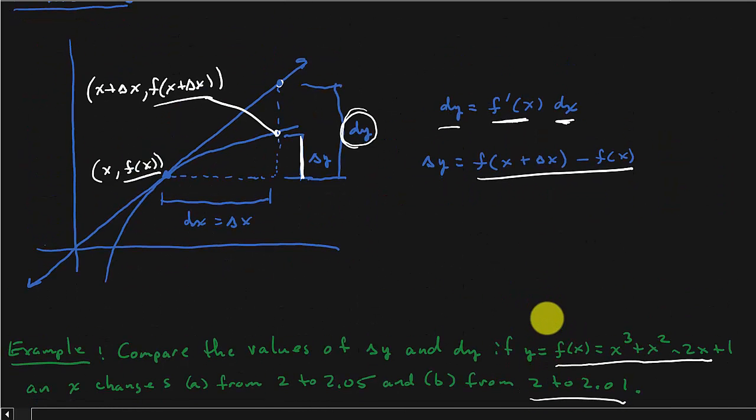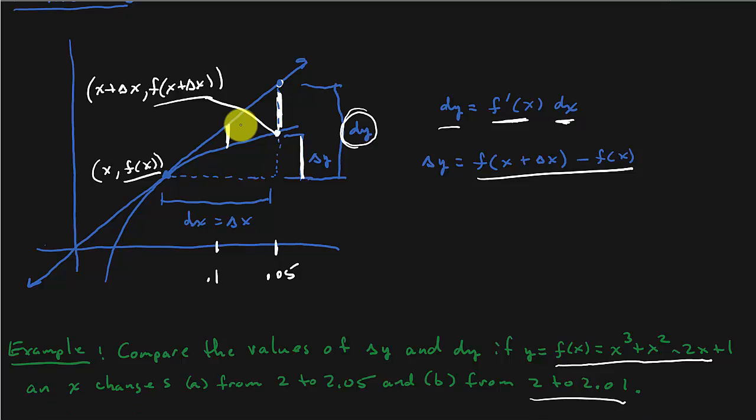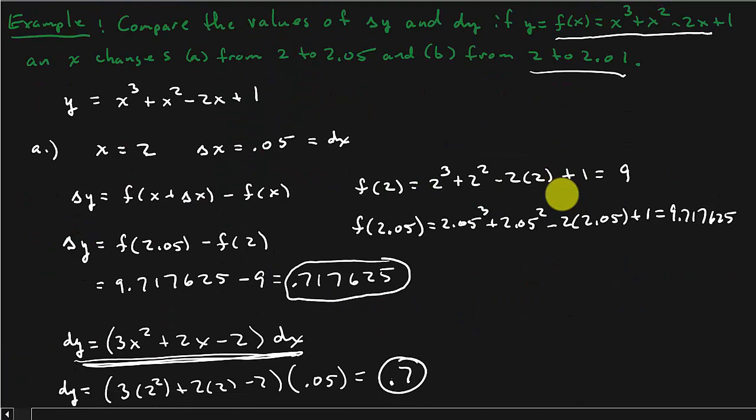If we have a curve, and 0.05 is out here, well, here's that gap between them. But if delta x is smaller, then we would be about right in here, and you can see that gap is smaller, so the calculations aren't going to be off as much the smaller dx is.